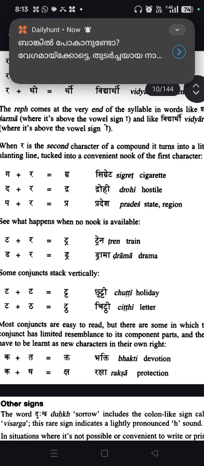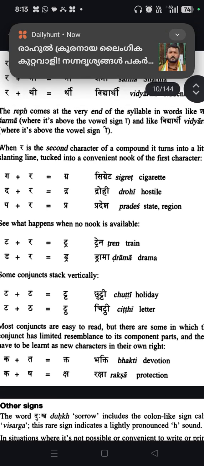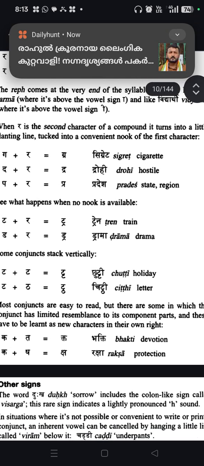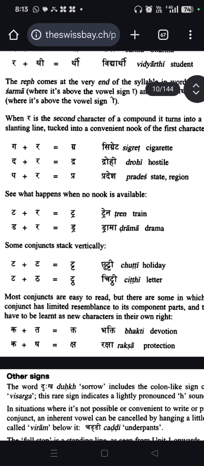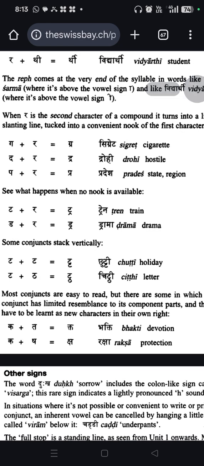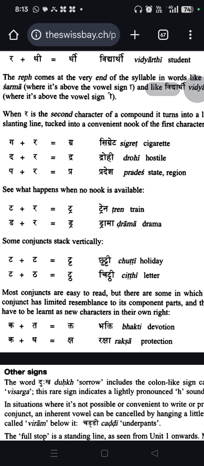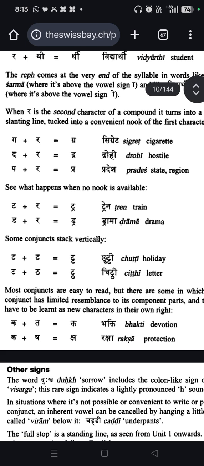Wow. When ra is the second character, I didn't know any of this. They did not teach me Hindi in school. That's what I'm beginning to learn. I had a terrible teacher, and I continued getting terrible teachers who did not care about Hindi, and they were actively encouraged. I believe there's something political.